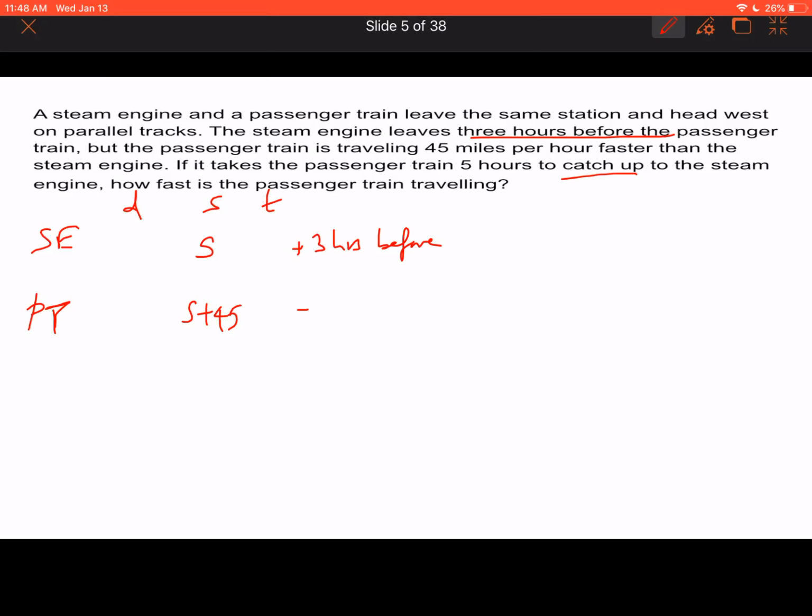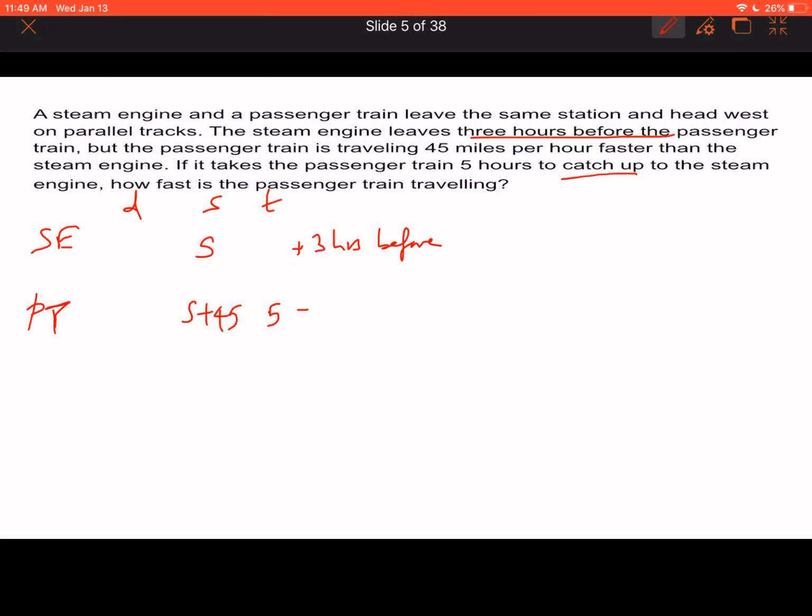If it takes the passenger train 5 hours to catch up, after it starts, it takes the passenger train 5 hours to catch up to the steam engine. That means the steam engine has already started 3 hours before. So when the passenger train is at 5 hours of travel, the steam engine has already made 3 hours of extra travel.